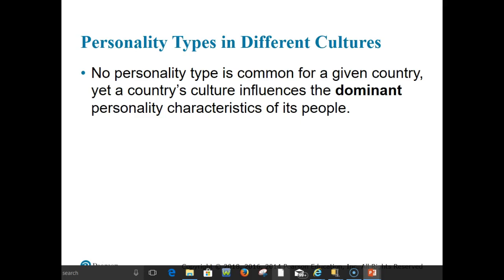So, on the basis of this particular cultural characteristic, we should expect a larger portion of internals in the U.S. and Canada workforces than in workforces in Saudi Arabia or Iran. Just remember, no personality type is common for a given country, though a country's culture influences the dominant personality characteristics of its people.